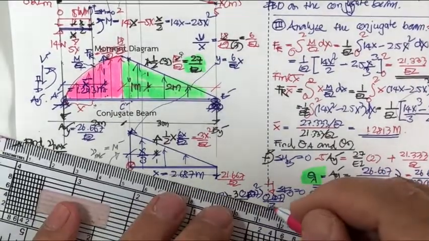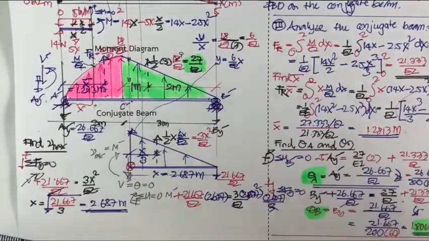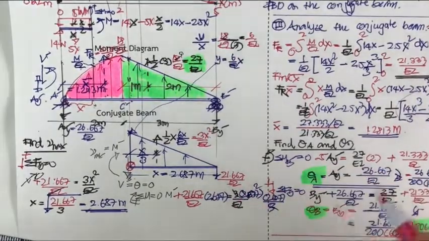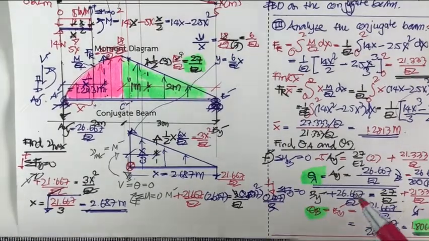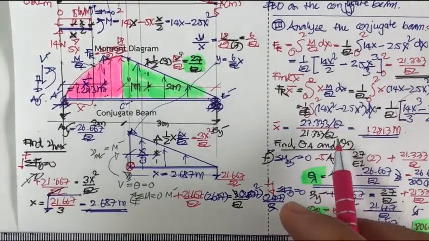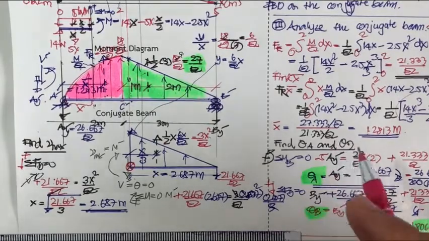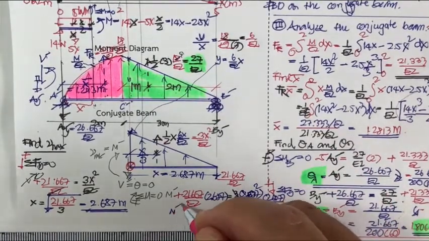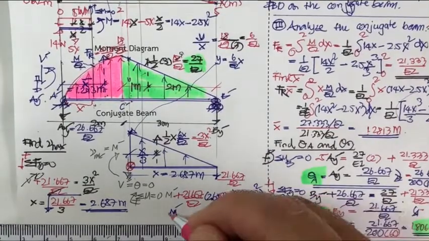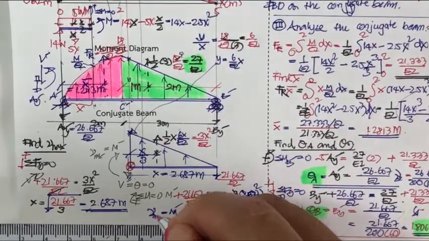And this 3 cancels this 3. So you get 2.687 to the power 3 divided by EI. After you do the calculation, you will get M prime, sorry, it's going to be Vmax.